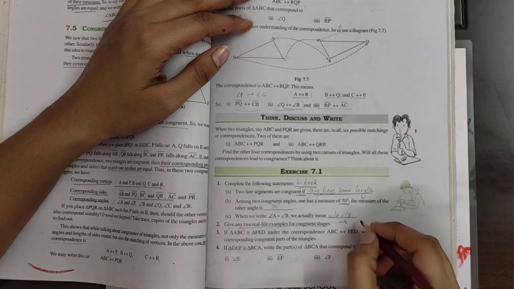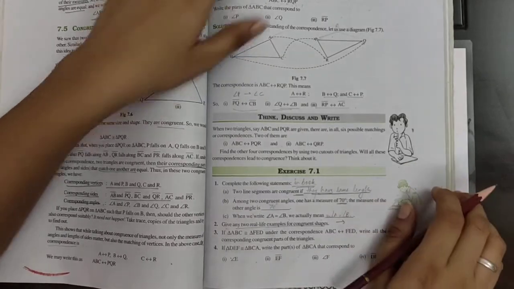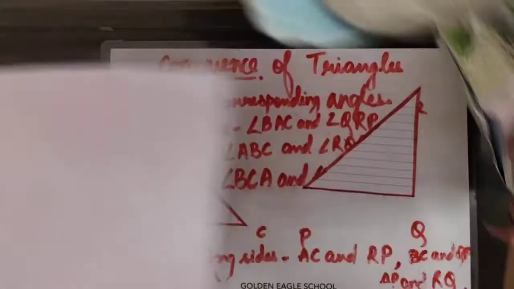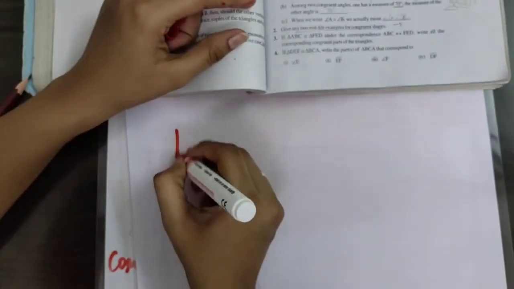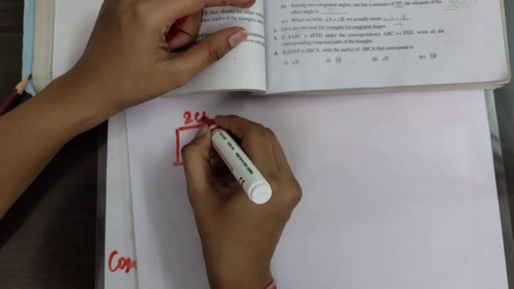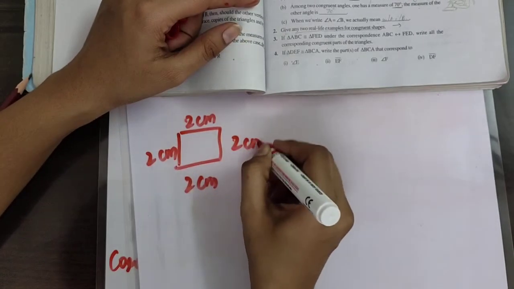Give any two real life examples of congruent shapes. Which shapes are congruent? We can take squares of 2 centimeter, so they will both be equal.